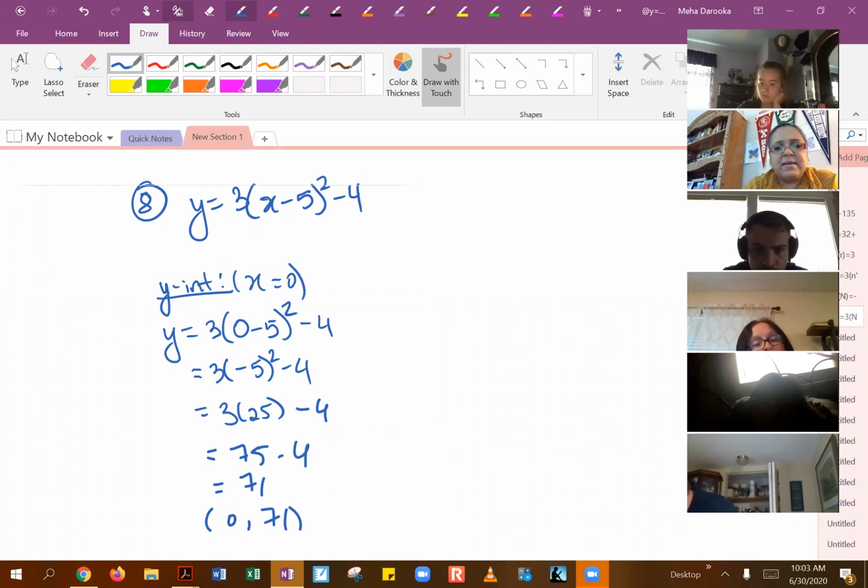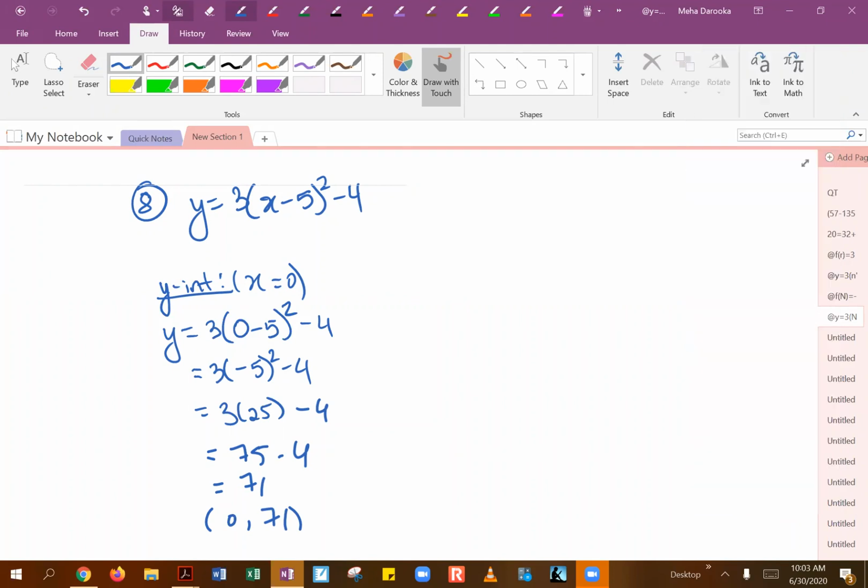Now to find the x-intercept, of course, you set your y equal to 0. So that means you're basically, like they said, solving your quadratic equation.